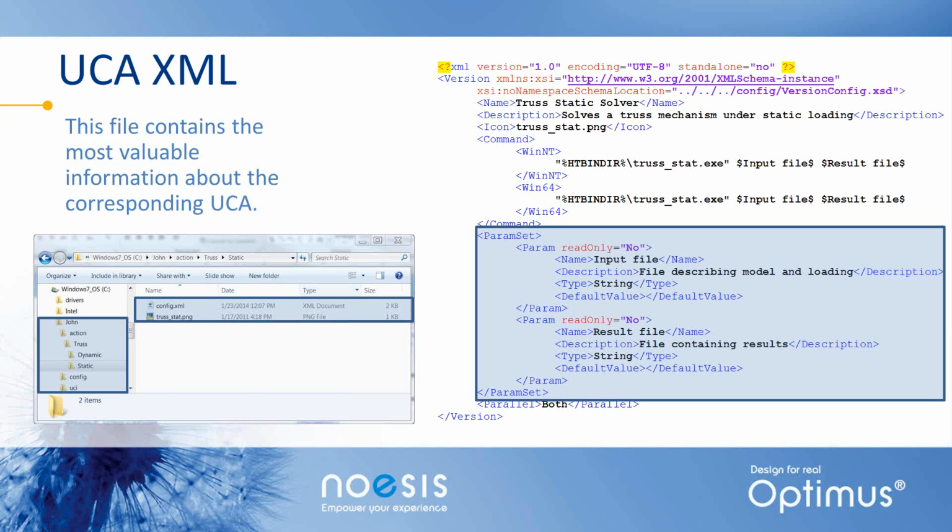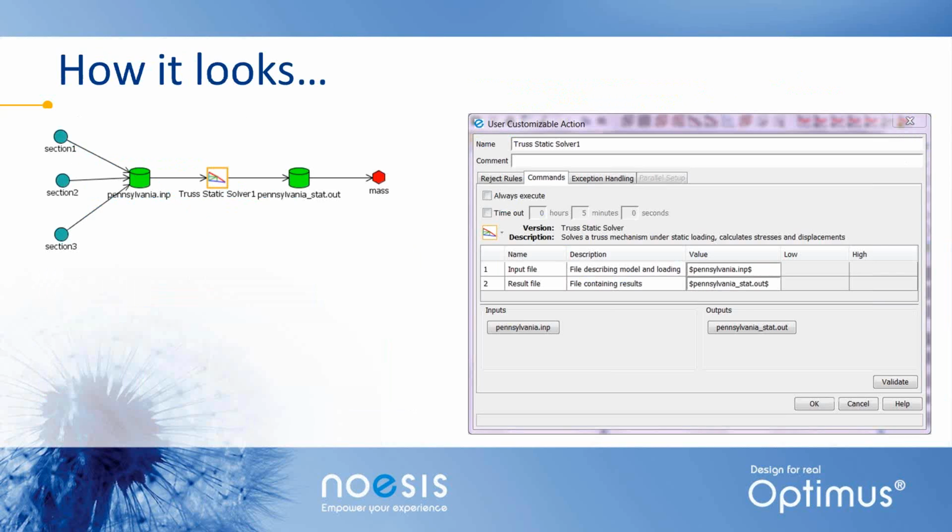In our case, we want to pass the name of the input file, and we want to specify the name of the result file, so that we can have a workflow like that, as you see, with the UCA that has its specified icon and name, and with the possibility to connect and specify the input file and the result file very easily.